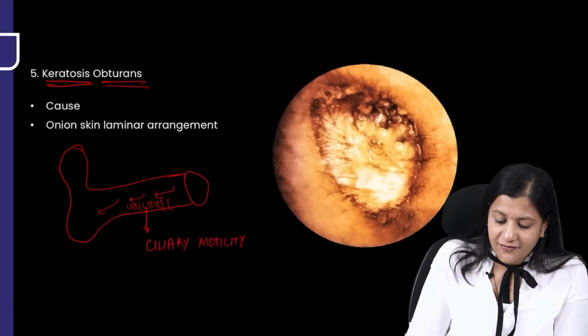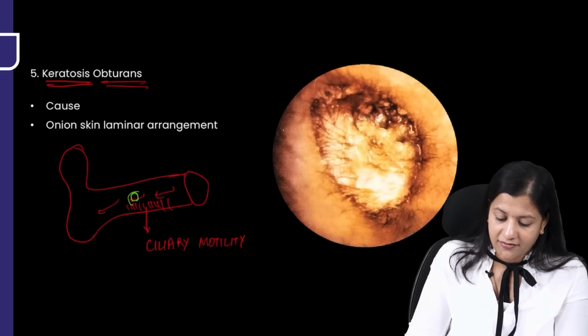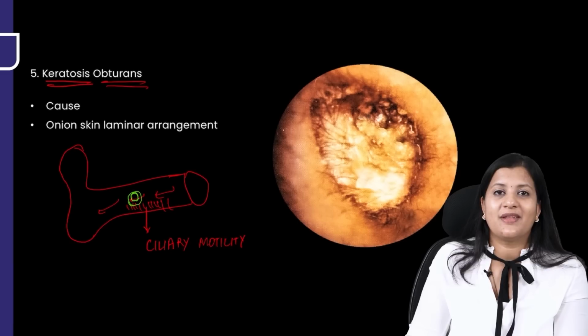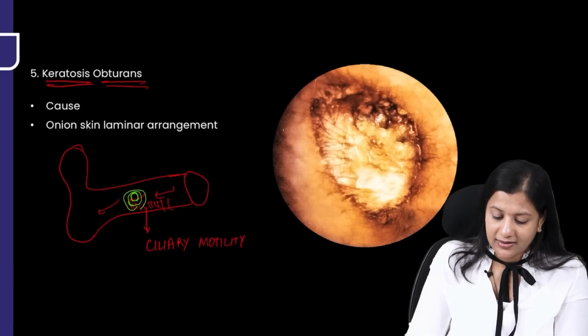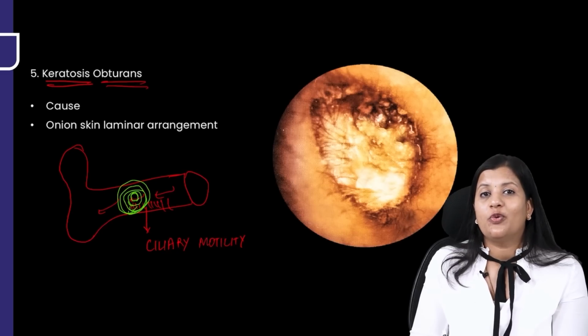So will we see first initially one layer of squamous epithelium? Over time you will have another layer of squamous epithelium. Over that another layer and another layer and another layer. That is now completely occluding the external auditory canal. Yes.